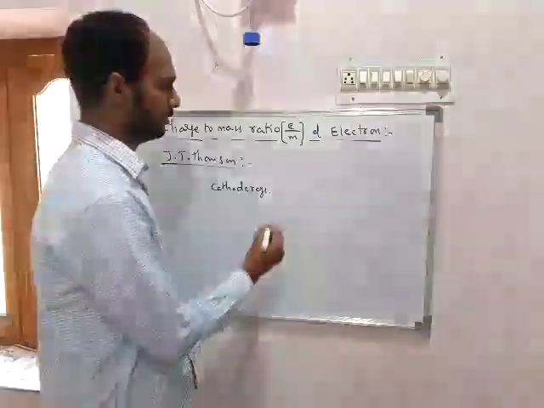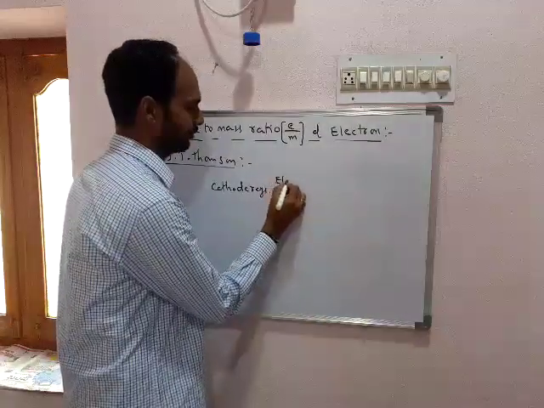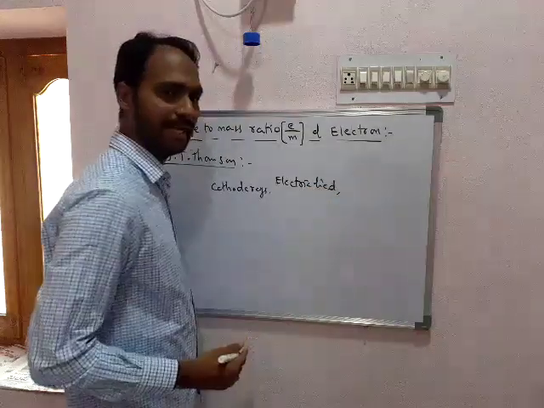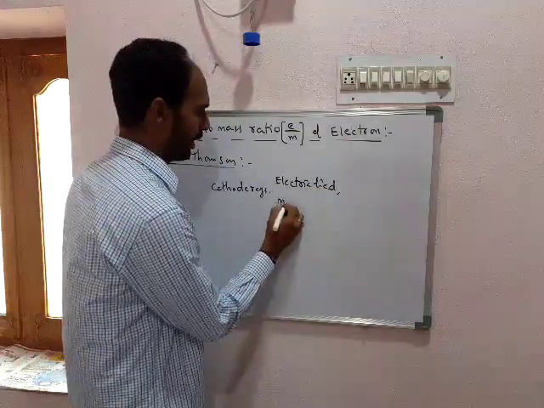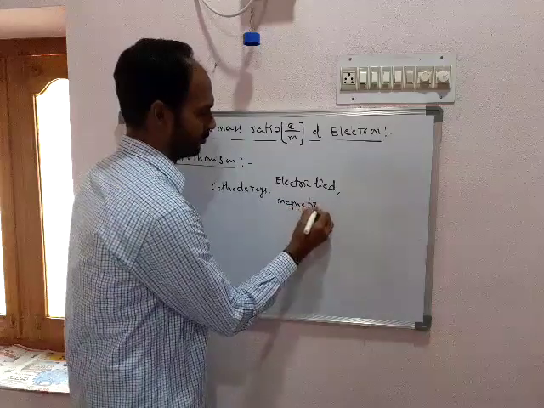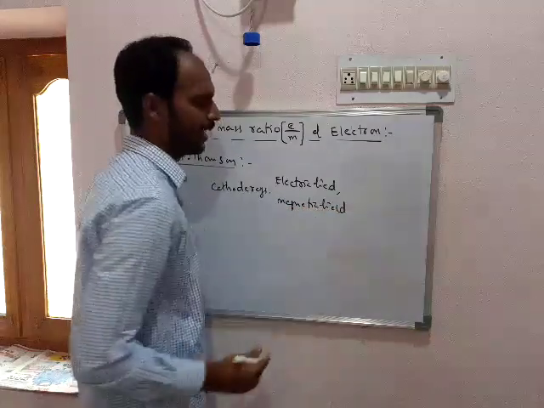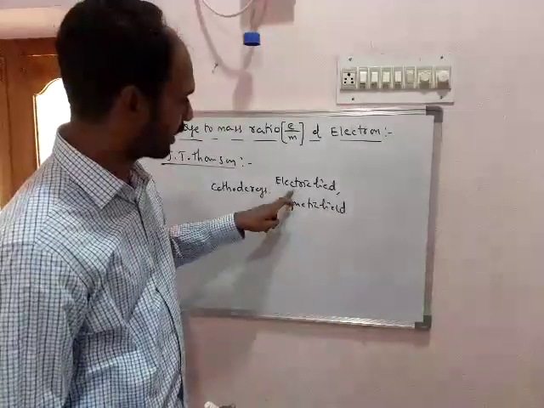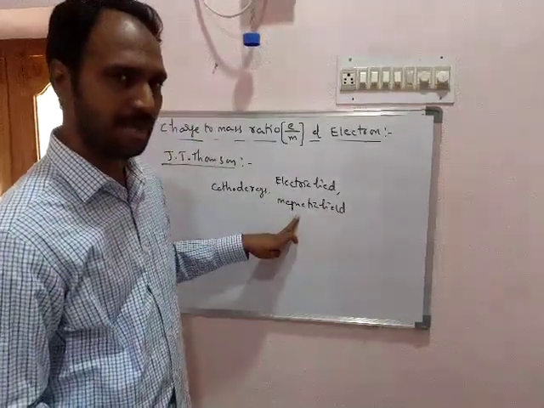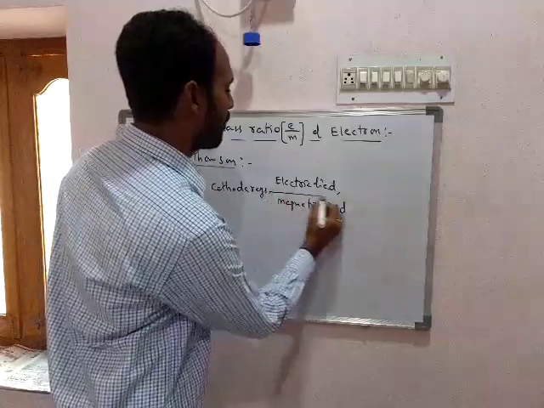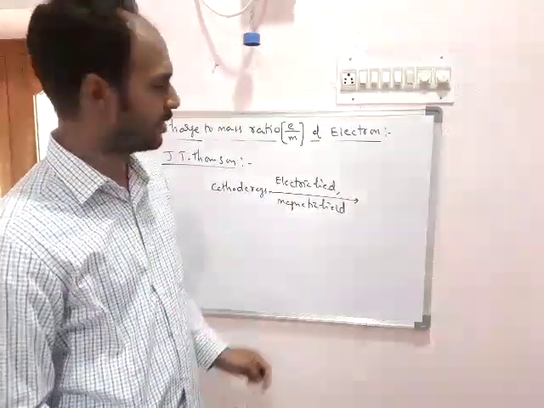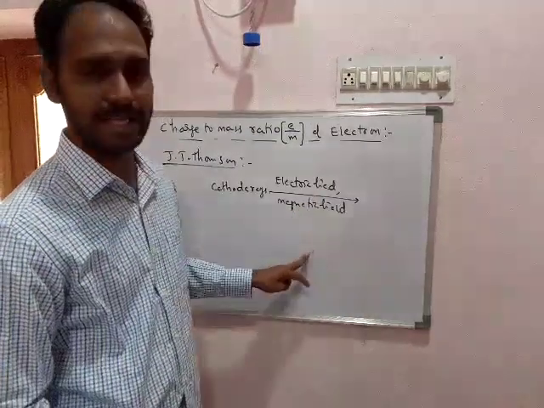He applied an electric field and a magnetic field simultaneously on the path of cathode rays, and he observed that deflection takes place in the cathode rays.